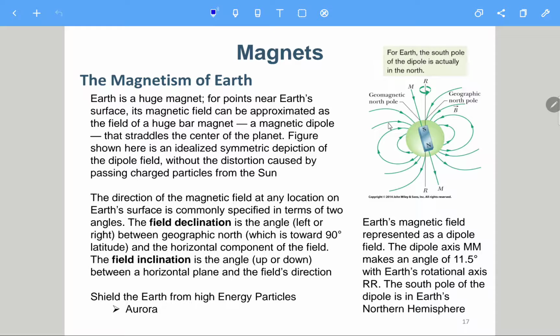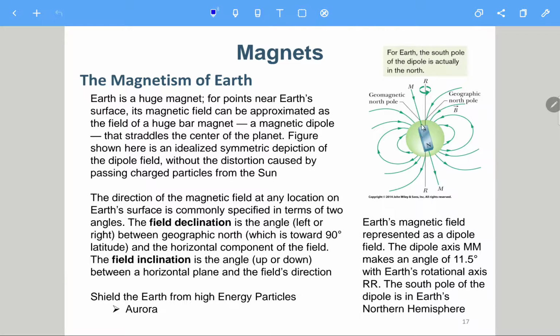However, for the geomagnetic North Pole and South Pole, this is the geomagnetic North Pole and the South Pole. For the Earth, the south pole of the dipole is actually in the north.